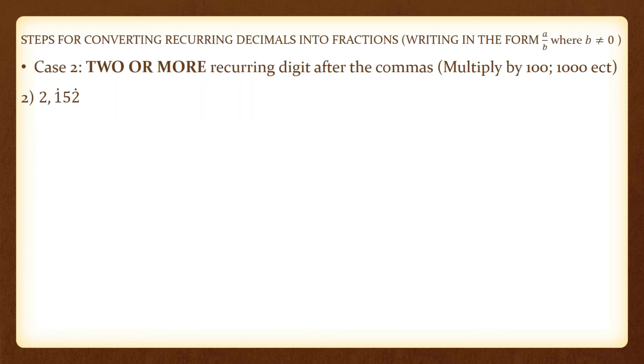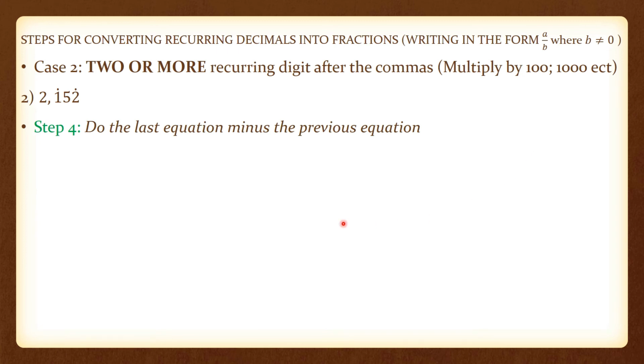Step 4, do equation 2 minus equation 1. Now we have equation 2 minus equation 1. Now you can see that we have 152 on both equations, 152 on the decimal part, 152 on the decimal part.